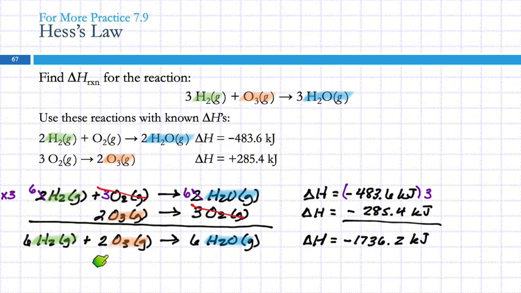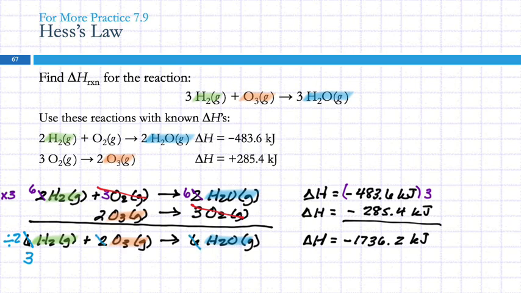I have the correct reactants and product, but the coefficients are wrong. I need this to be a 3 and that to be a 1. I have 6 and 2. So let's divide by 2. So I'm going to divide this one by 2. So that becomes 3. And this becomes 1.